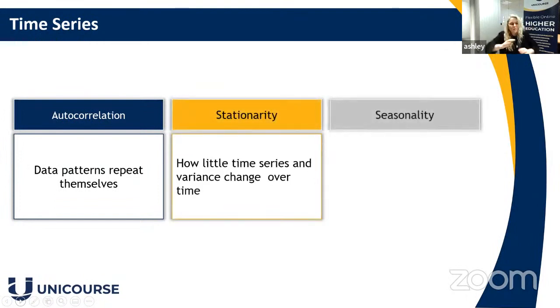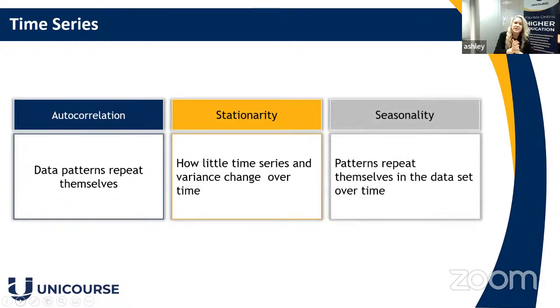So there's 3 different ways to break down time series, and you could use autocorrelation, which is the tendency of data, observations and patterns to repeat themselves over time. And if these observations and patterns repeat themselves at regular intervals, then that can be seen as seasonality.